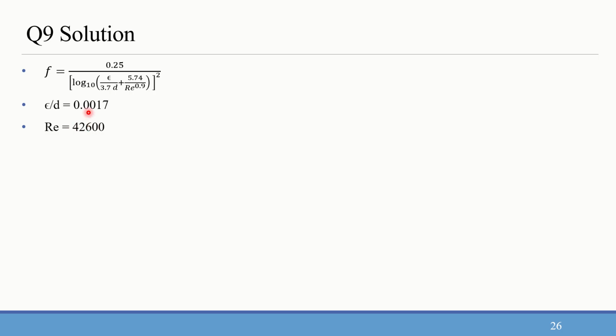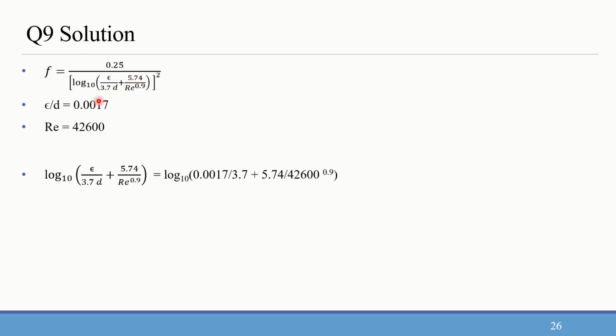So now we know epsilon by d as well as Re, so we can directly substitute in this formula. So it becomes f is equal to 0.25 divided by log of 0.0017 by 3.7 plus 5.74 divided by 42,600 to the power of 0.9, to the whole square.